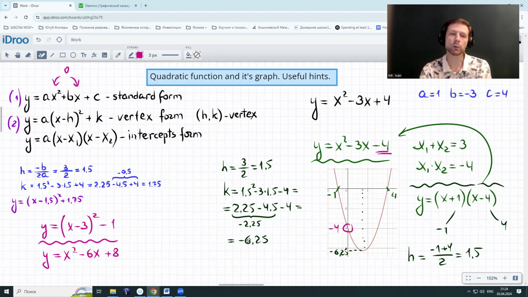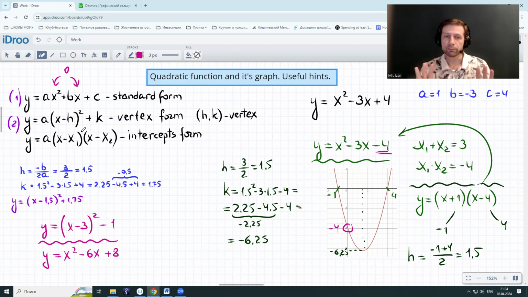So the y-intercept is always the free coefficient if you substitute 0 as x. But then, same thing, if you make x minus h squared 0, in other words, x equal to h in the vertex form, then y would equal k. But this would not be the y-intercept. This would be the y-coordinate of the vertex.